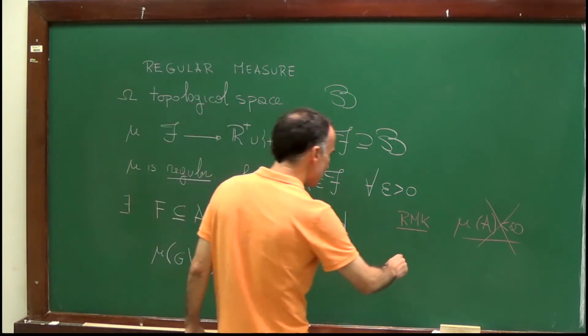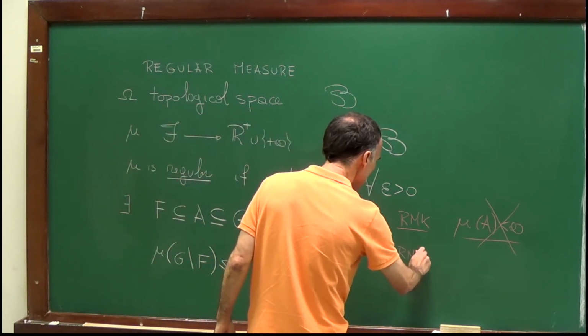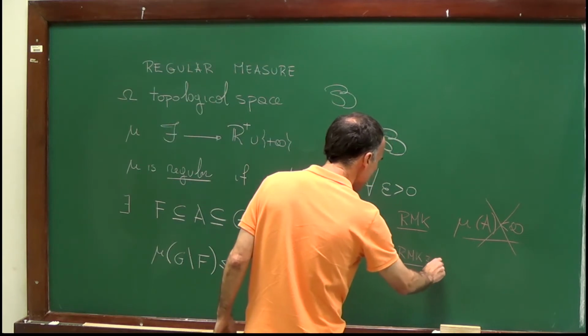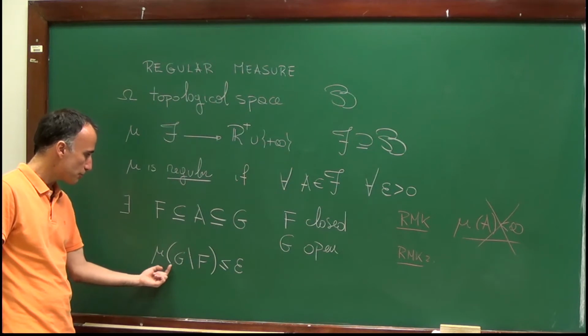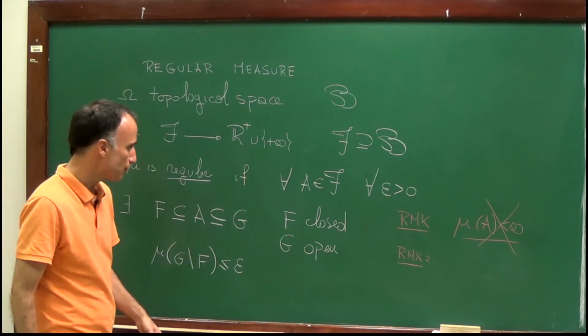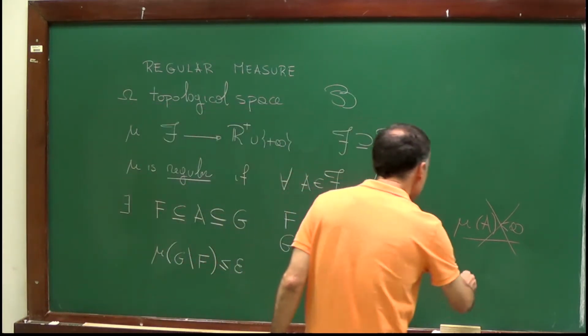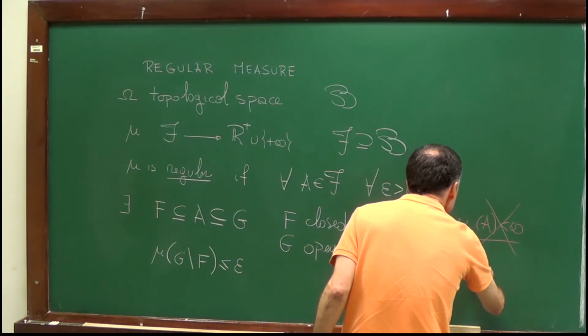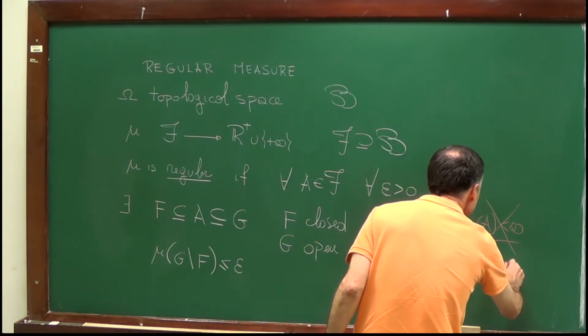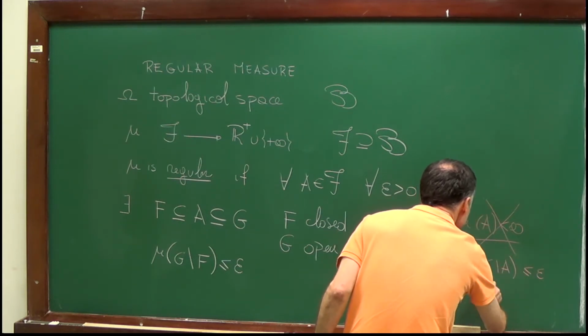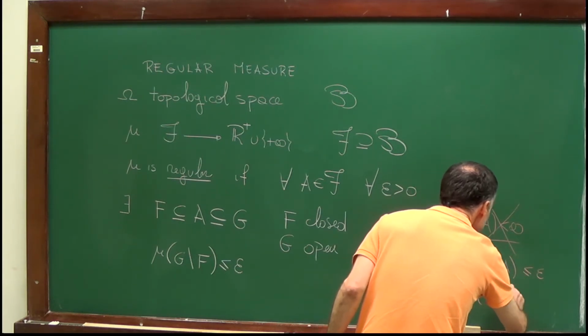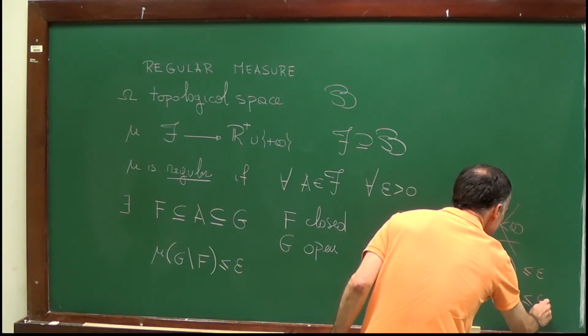And then a second remark is that here I required the measure of G minus F to be bounded by epsilon. We could as well require that the measure of G minus A be smaller than epsilon, and the measure of A minus F be smaller than epsilon.